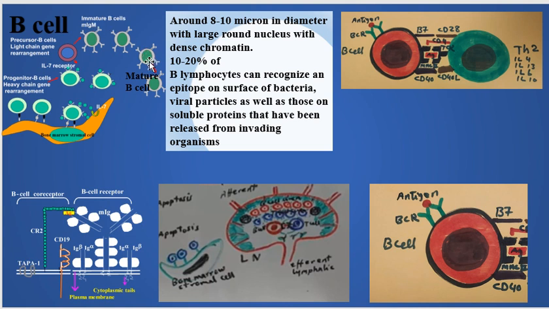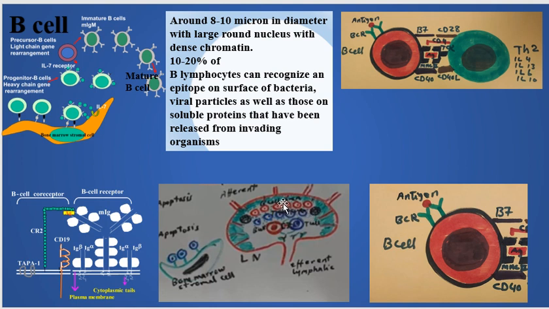Then later they rearrange their membrane-bound immunoglobulin D. So B cells with membrane-bound IgM and IgD become mature and exit the bone marrow to the secondary lymphoid organs, where they encounter non-self antigens.